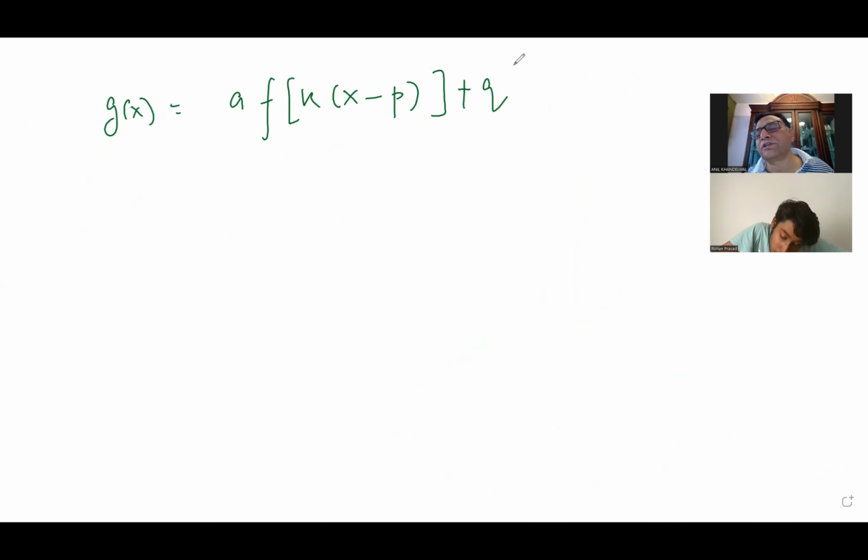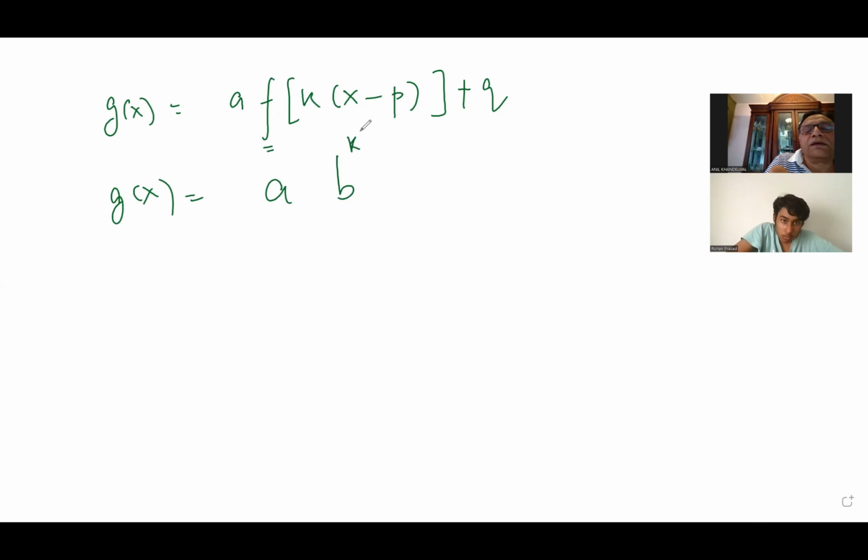The transformation rules are exactly the same as we did for other functions. If the function is exponential, we could write this as a times b to the power of k(x minus p) plus q, right? So that becomes an exponential function.